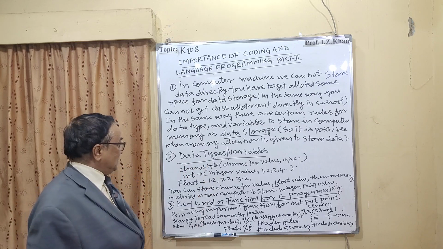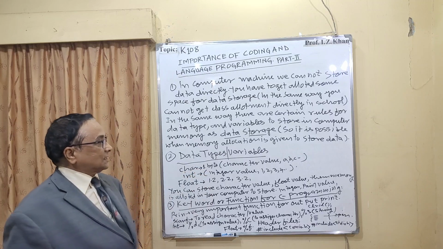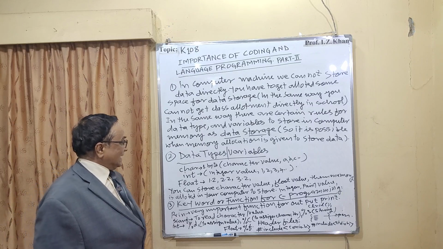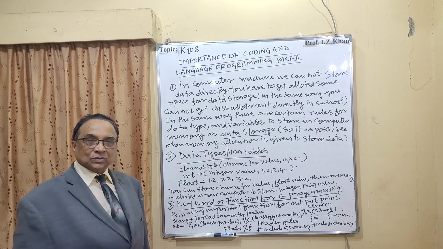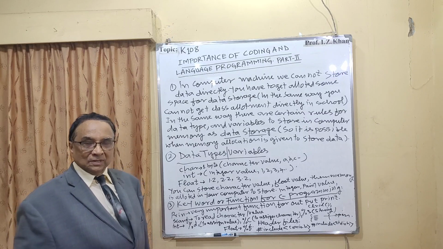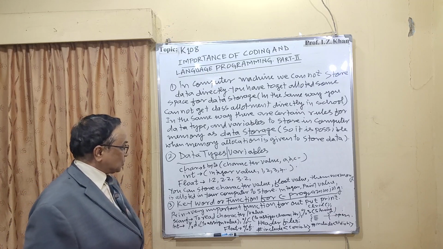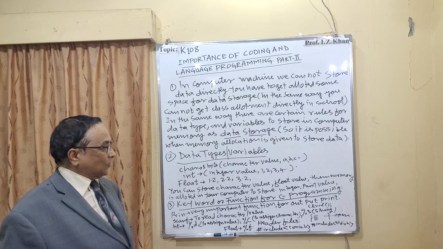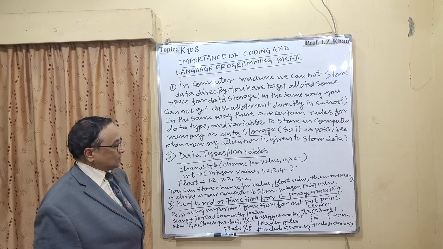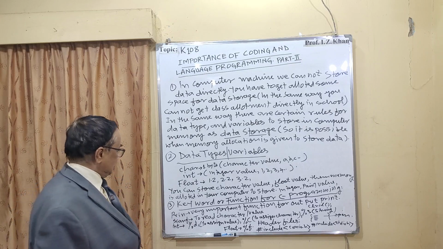What are data type variables? First is char, character, 1 byte, and its value is ABC. Then int means integer value, that is 1, 2, 3, 4. Then float, 1.2, 2.2, 3.4 in decimal. Then you can store character values and float values. Memory is allotted in your computer to store integer, float and other values.